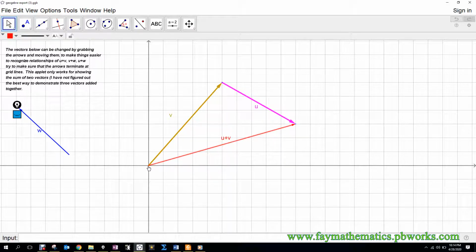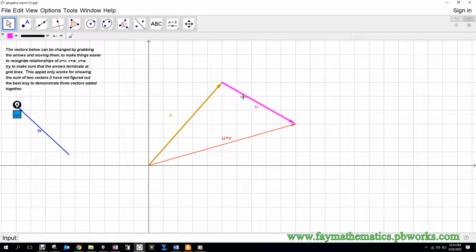If we go from the initial starting point of the gold and follow the pink one, we would get to that position right there where my cursor is, and this red vector shows us a more efficient manner of going from 0, 0 to that point right there. This would be the sum of that vector and that vector.